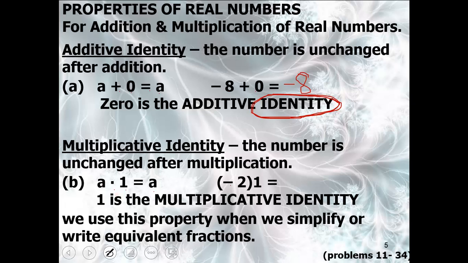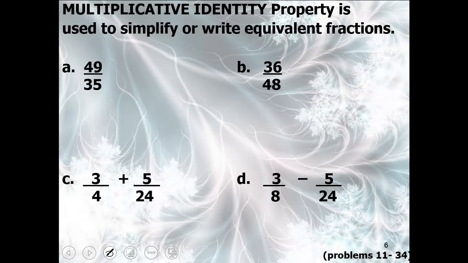Negative 2 times 1 is still equal to negative 2. 1 is the multiplicative identity because when you multiply 1 by any other number, you get the identical number. You don't realize it, but you use this a lot whenever we simplify fractions or whenever we write fractions in equivalent forms. And we're going to do that right now.